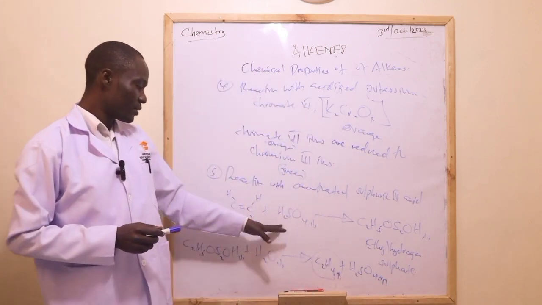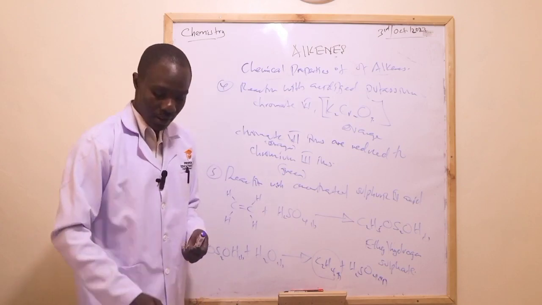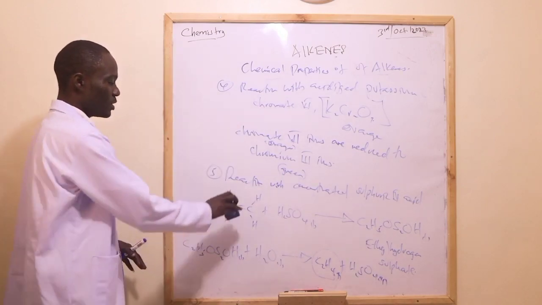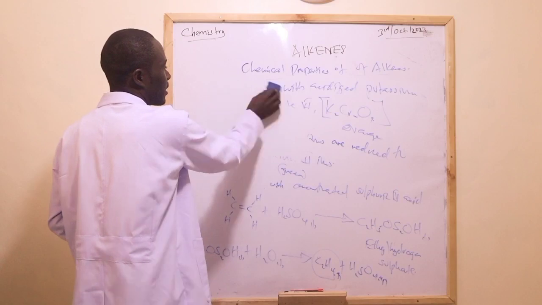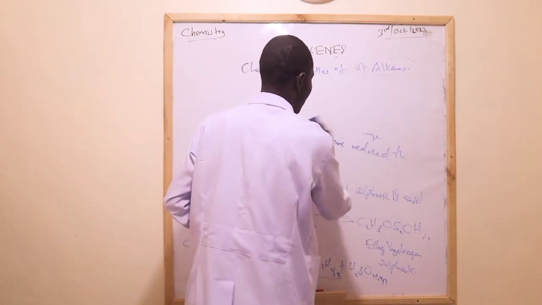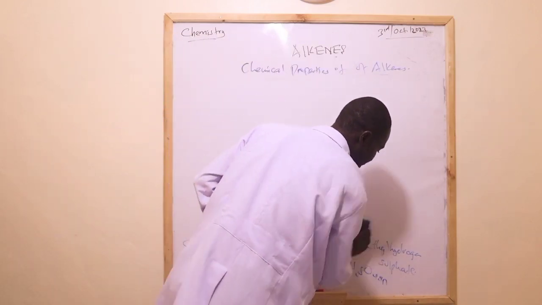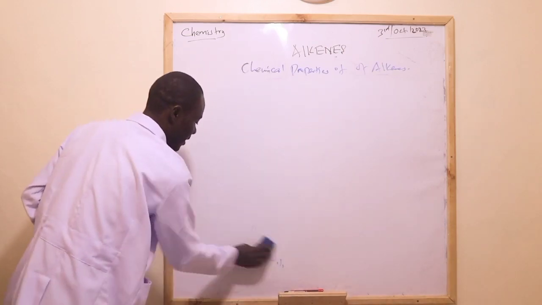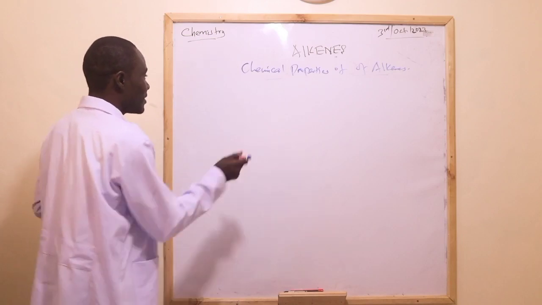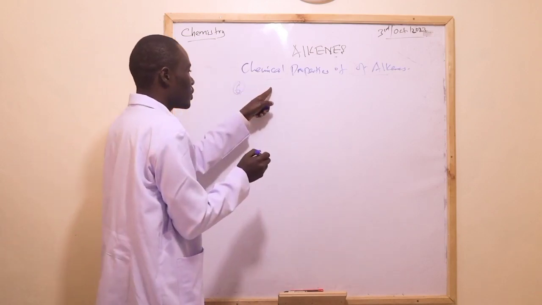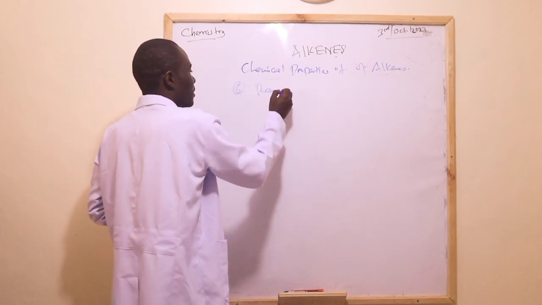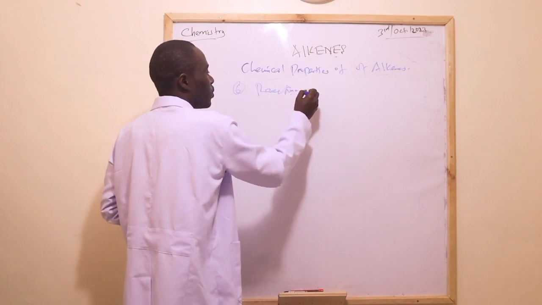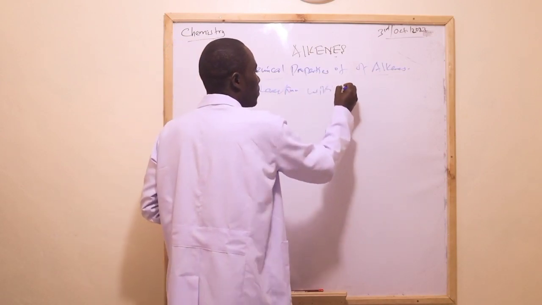Now that's what happens. Finally, allow me to wrap up with the final one, number 6, chemical property of alkenes. The 6th one and the last one is the reaction with bromine water.